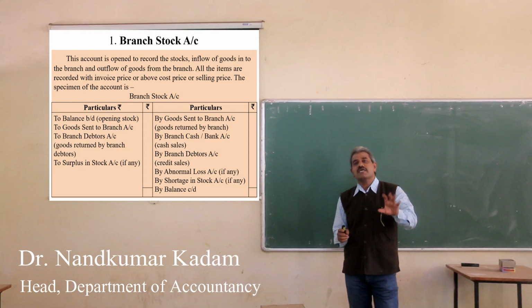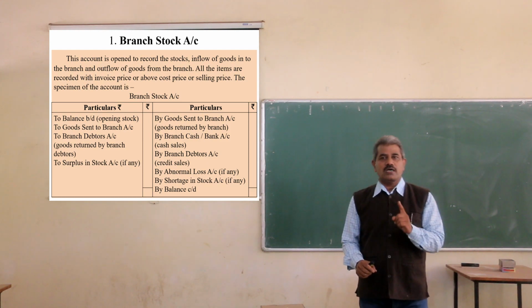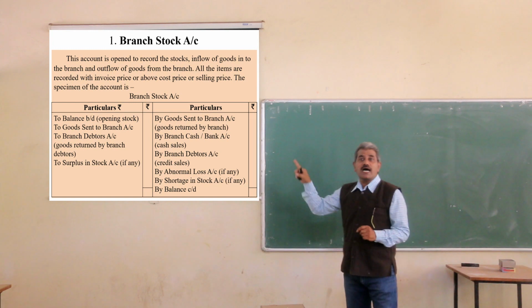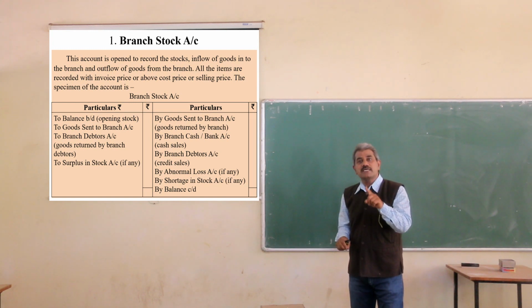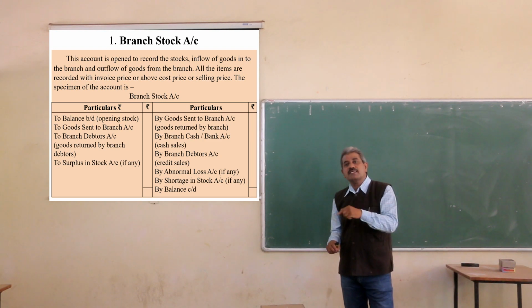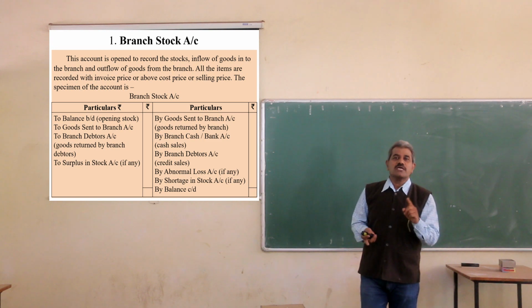All these goods items are recorded in the branch stock account. I repeat, all the postings are made with the invoice price if the goods are sent at invoice price, and with the cost price if the goods are sent at cost price.